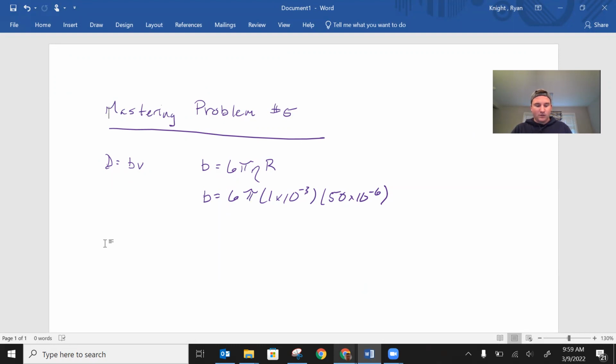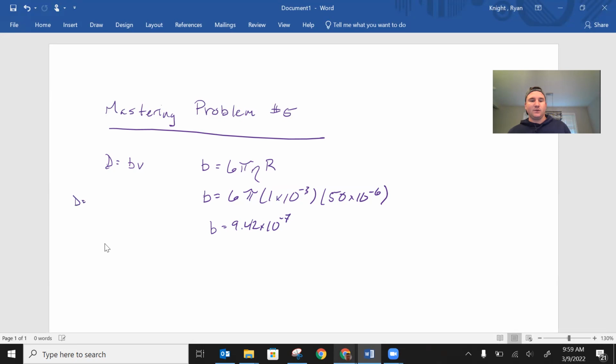And we get, this calculator's so old, 9.42 times 10 to the negative seventh for B. And then we just have to multiply that by velocity.